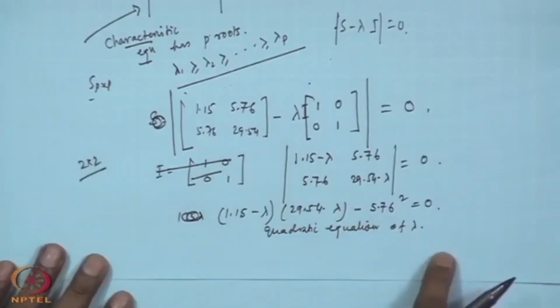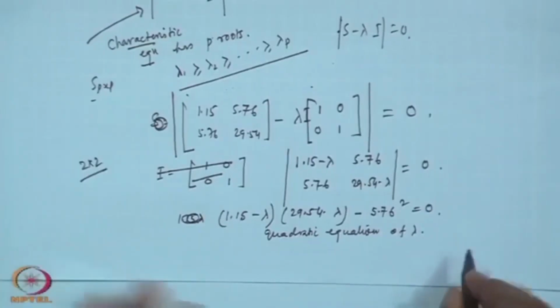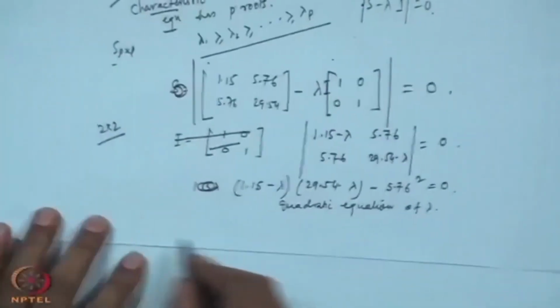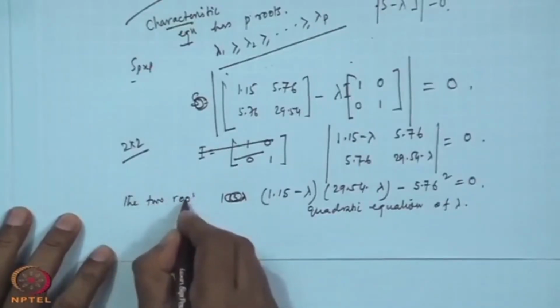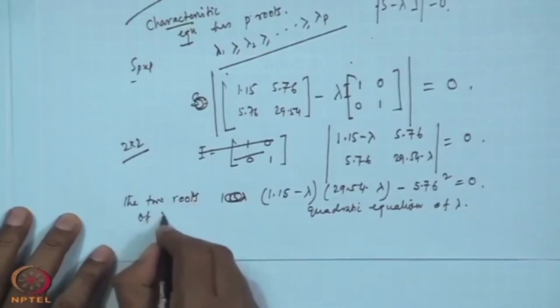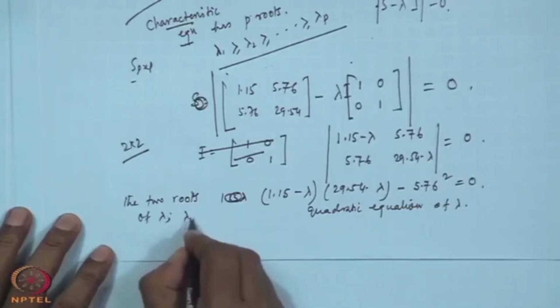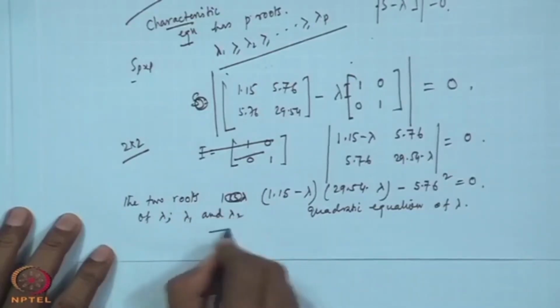So, there will be two roots, let it be lambda 1 and lambda 2.